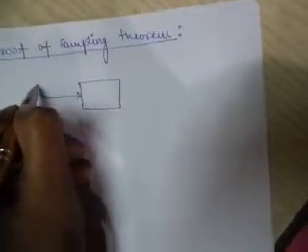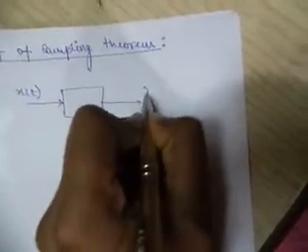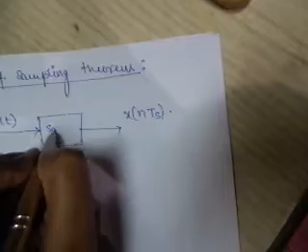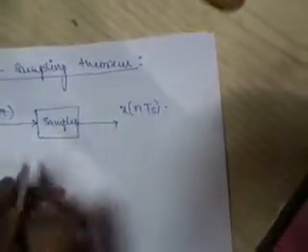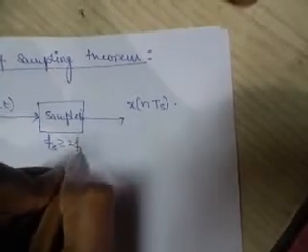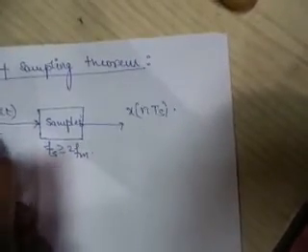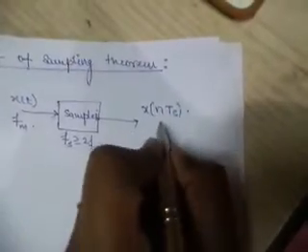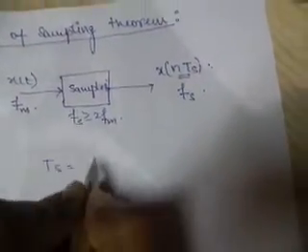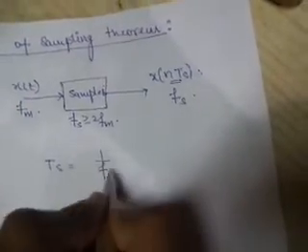We have a continuous time signal x(t) and we will get a discrete time signal x(nTs) with the help of a sampler, and the condition is the sampler's frequency should be greater than twice of Fm. This x(t) has a frequency Fm and the sampler should have a frequency of Fs. What is nTs? I'll let you know. Here Ts is 1 upon Fs.